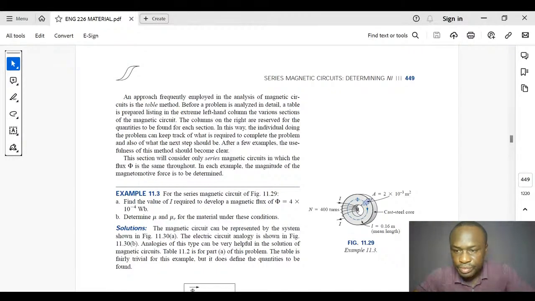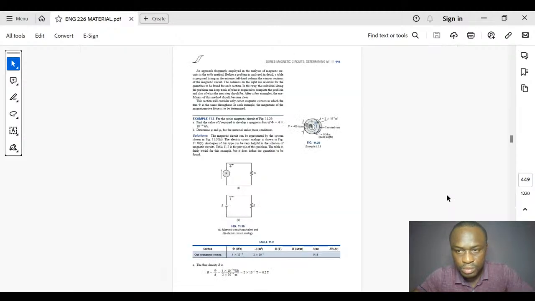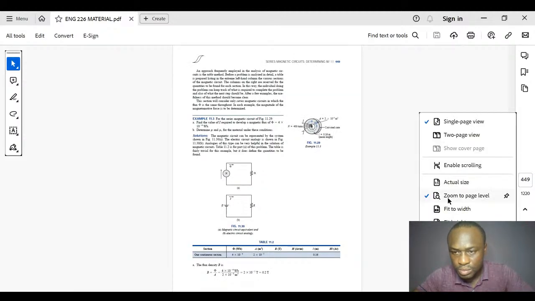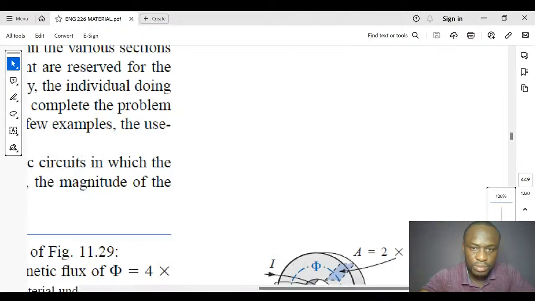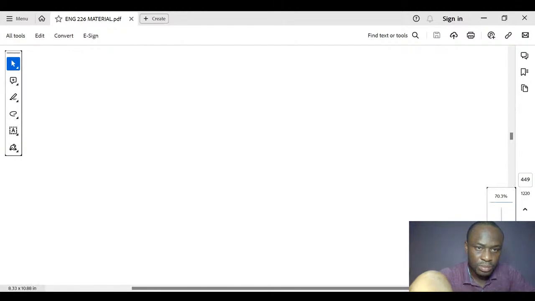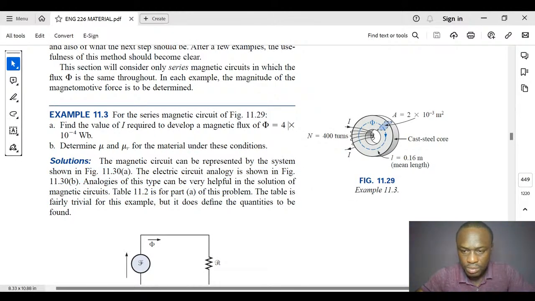Can you see what is showing? Is it better now?